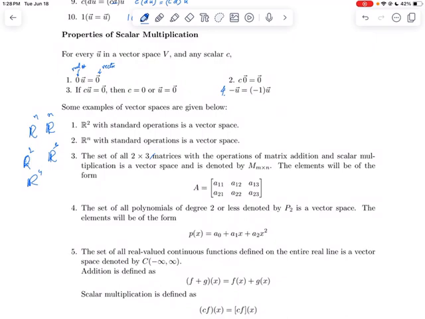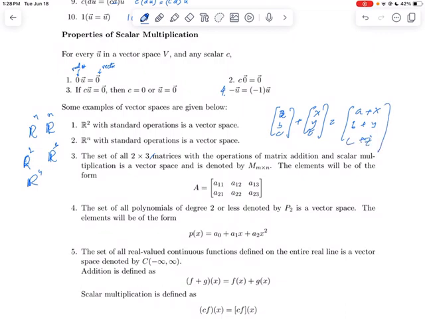Remember, if you have a vector from R3, (a, b, c), and then (x, y, z), then the sum will be equal to (a plus x, b plus y, c plus z).